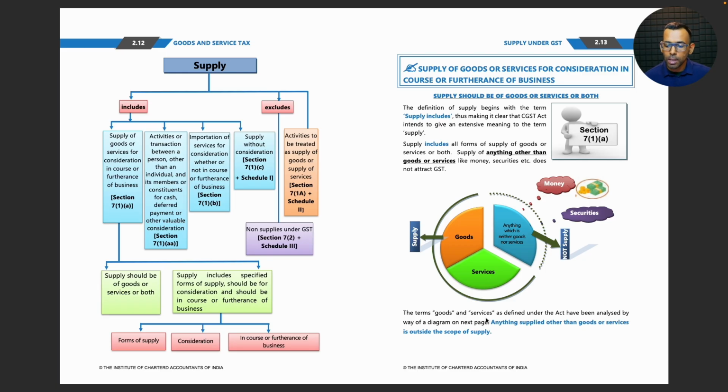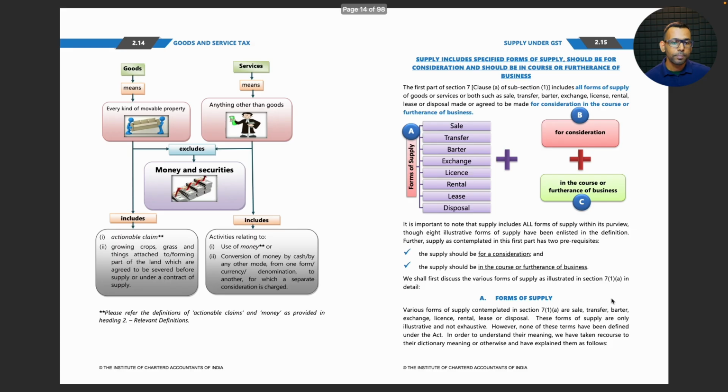The terms goods and services as defined under the Act have been analyzed by way of a diagram on the next page. Anything supplied other than goods and services is outside the scope of supply. Goods means every kind of movable property, which includes actionable claim, growing crops, grass, and things attached to or forming part of the land, which are agreed to be severed before supply or under a contract of supply.